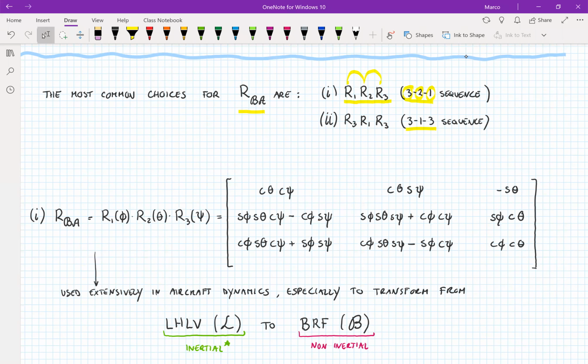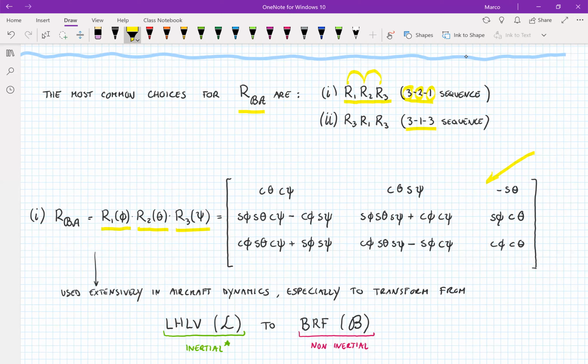All right, so let's consider first the 3-2-1 sequence. If we write down the multiplication between R1 of phi times R2 of theta and R3 of psi, then we get this matrix.